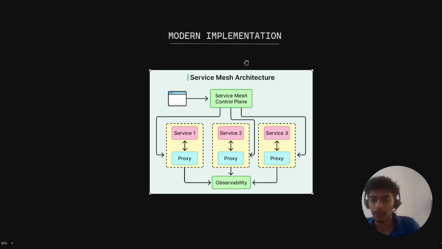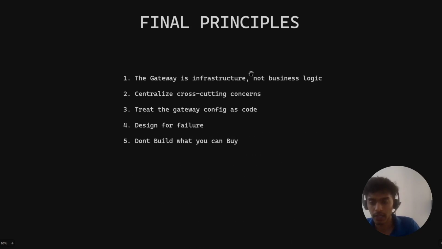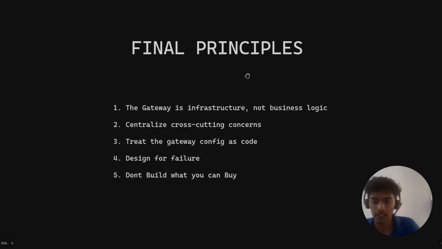So this is the complete information on API gateways. Now we are going to take some final principles and call it a day. The gateway is infrastructure. It is not business logic.